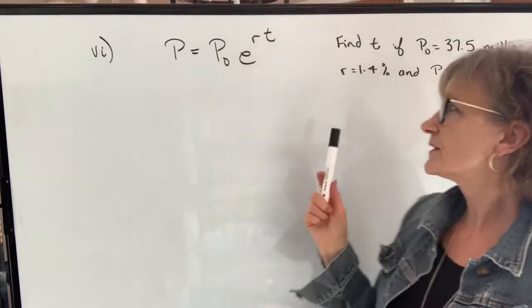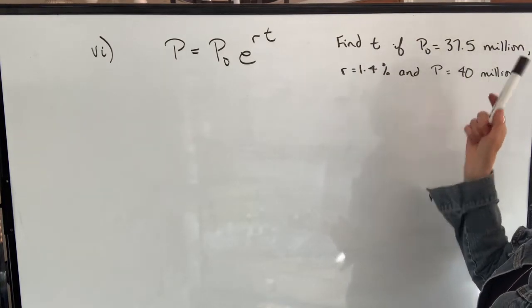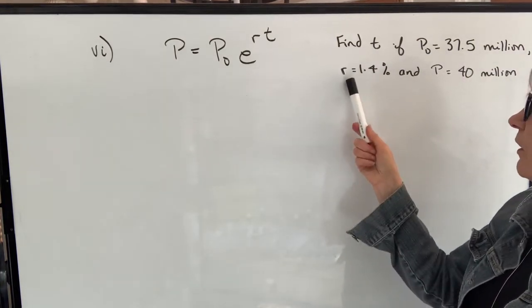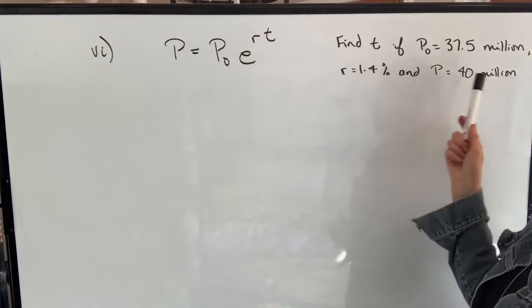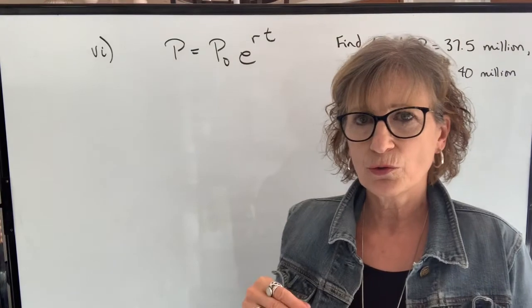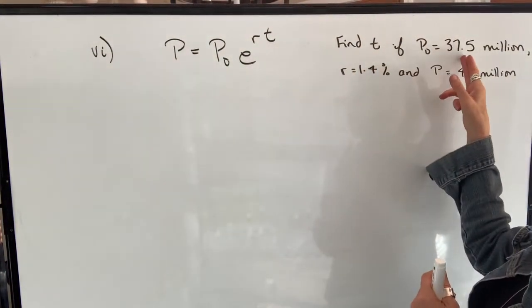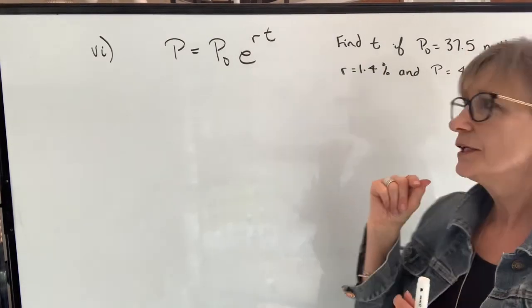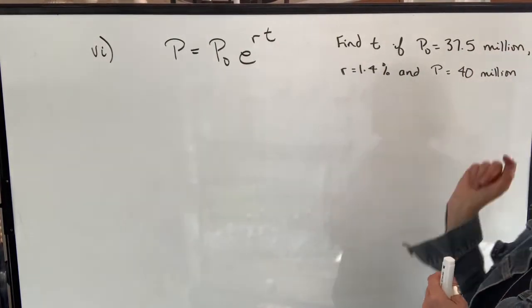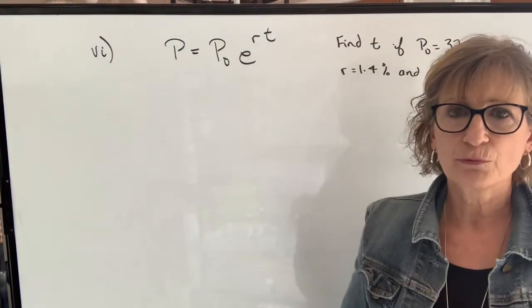So let's take a look at this example. It says find T if P sub 0 is 37.5 million, R is 1.4%, and P is equal to 40 million. So let's say we're talking about Canada and we want to know today, 2020, our population is 37.5 million. We want to know how long will it take for Canada to reach 40 million if the growth rate in Canada is 1.4%.